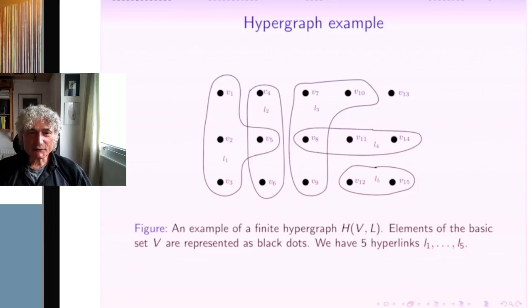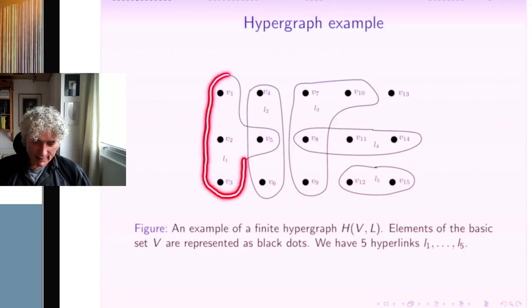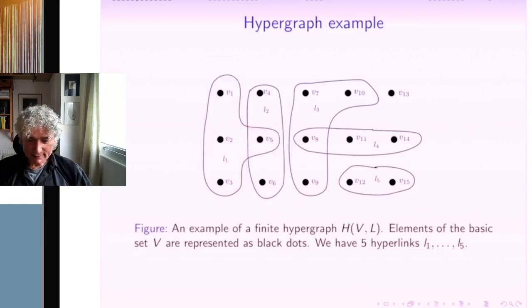Instead of that, I draw now Venn diagrams. So the Venn diagrams, for example this one, indicate that now you have an n-ary relationship between different elements, and so this one would be a relationship between all the elements V1, V2, V3 and V5.